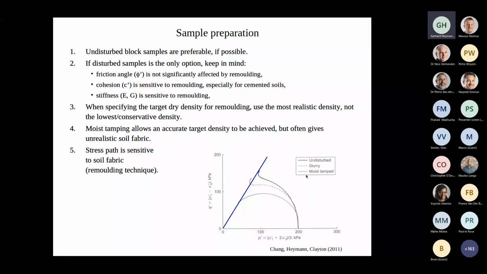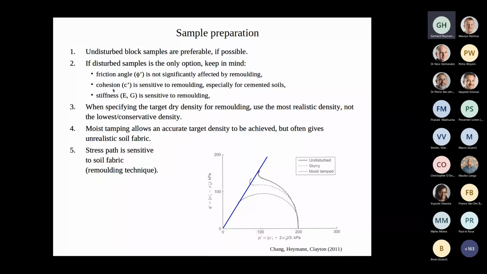You can see the stress paths are significantly affected by the sample preparation method. The undisturbed samples dilated. The moist tamped samples contracted. It had a big effect on the stress path, and of course on the strength as well. But the good news: it had very little effect on the friction angle.